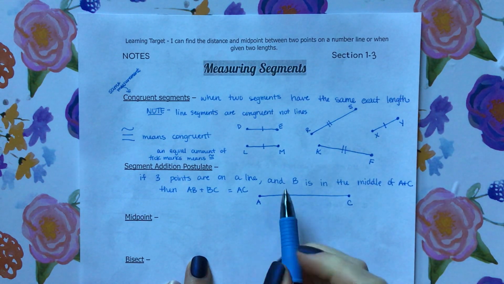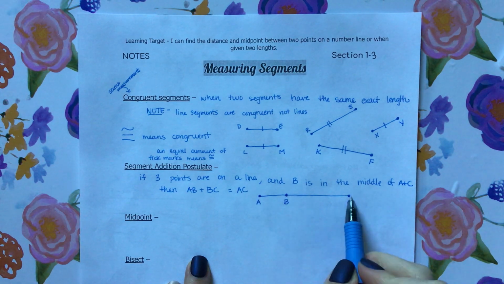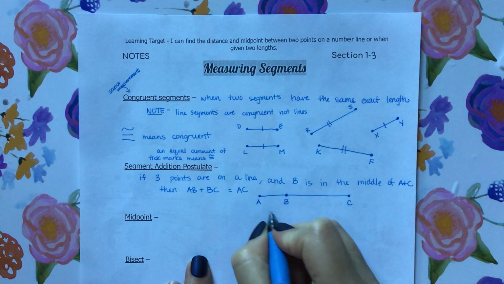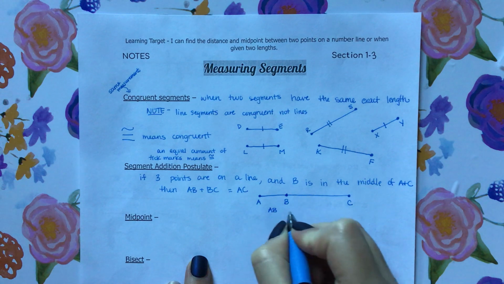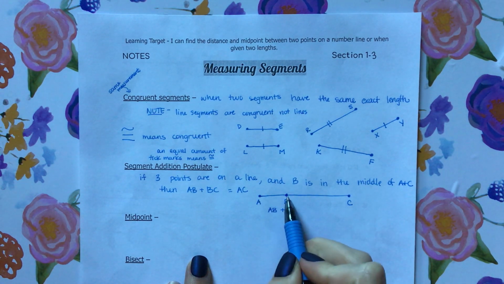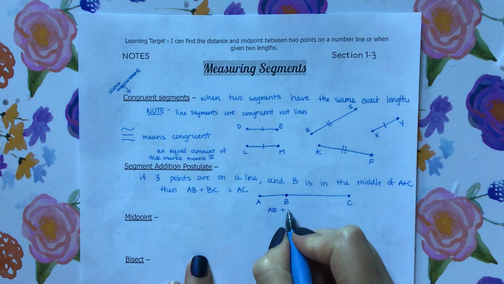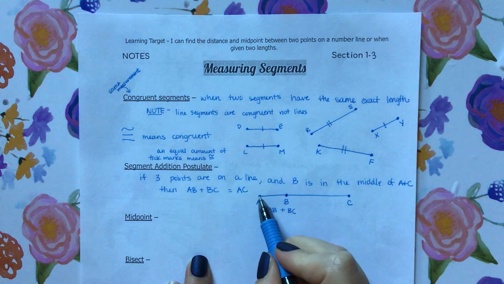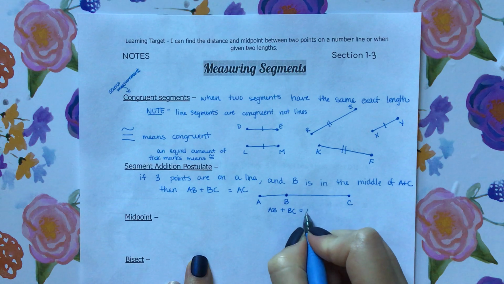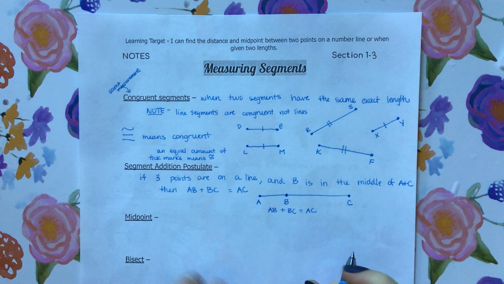All we're saying is, hey, these two segments are right next to each other. So if I take AB, from here to here, and I add it to BC, then I'm going to get the whole thing across, which is AC. So that's all that means. If you have two segments right next to each other, you can add them up and get the total length.